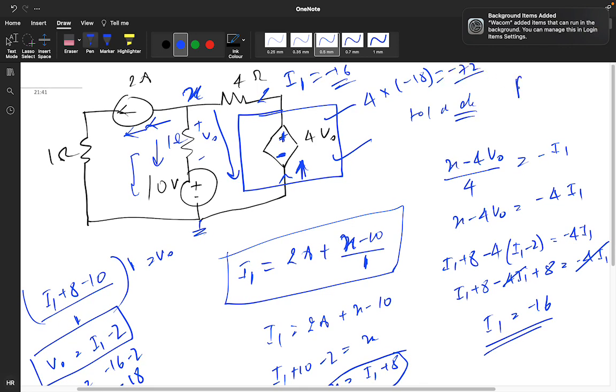So power will be minus 72 into minus 16, which is 1152. So power is coming as 1152. Which option will be correct? Option A. Understood or not? Or do you need me to repeat this again?